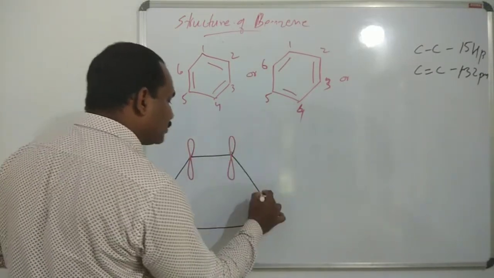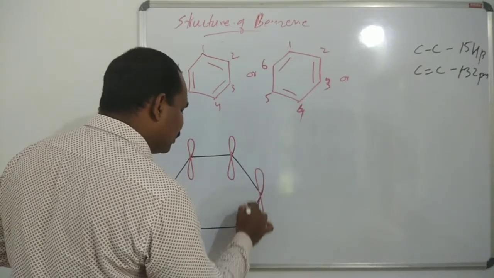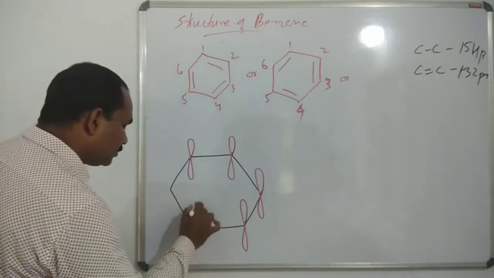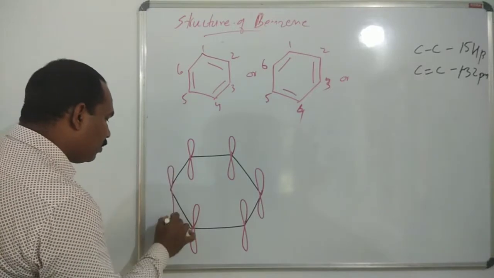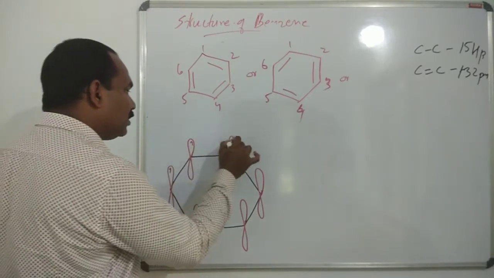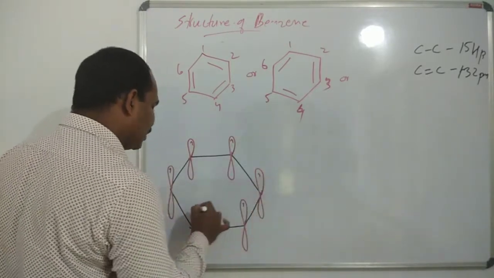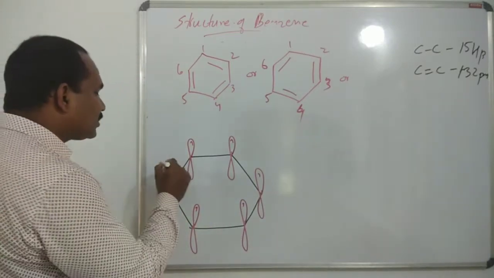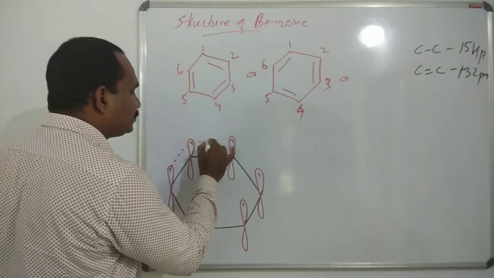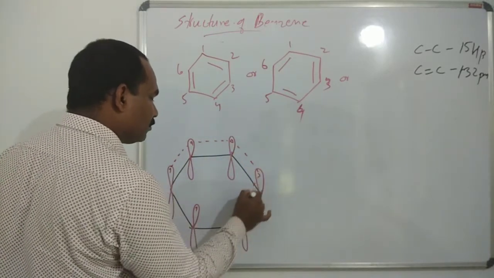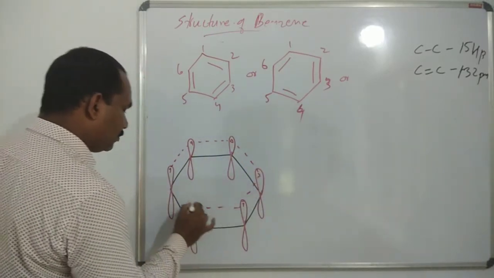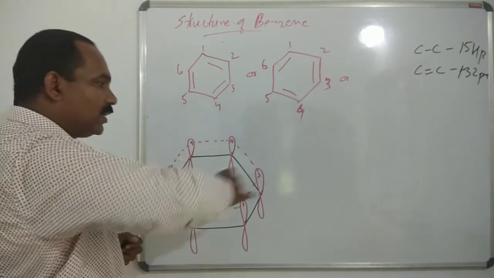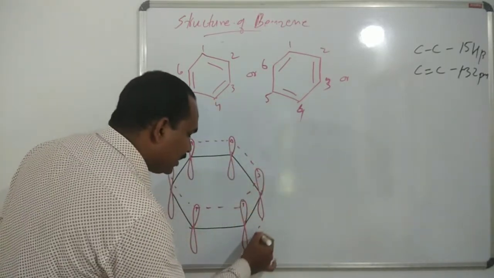All the carbon atoms are sp2 hybridized, with p orbitals each containing 1 electron, and these electrons resonate.